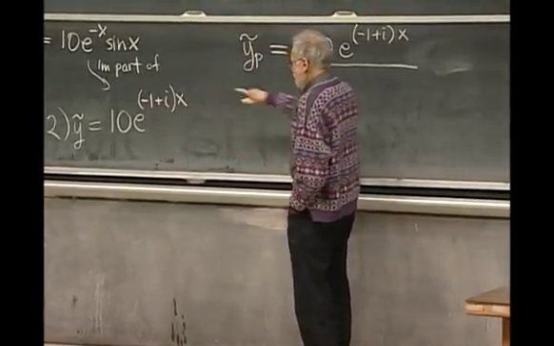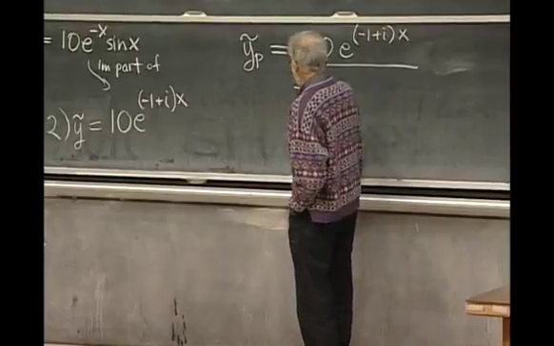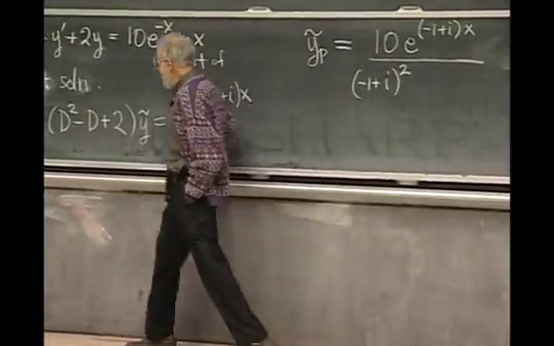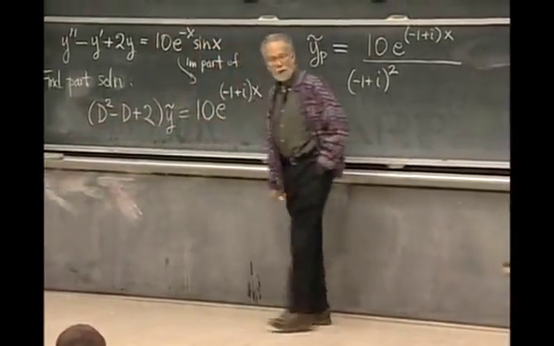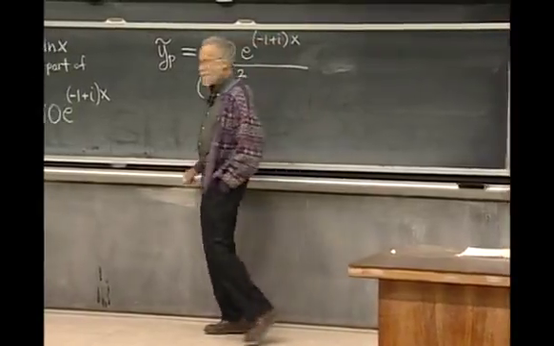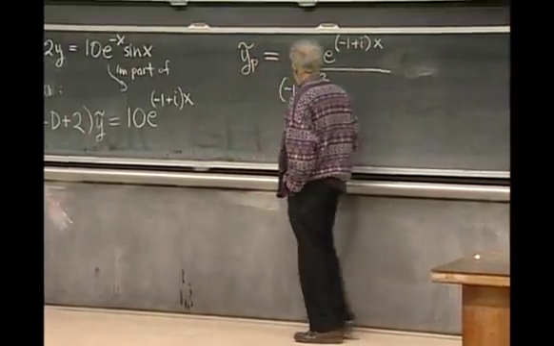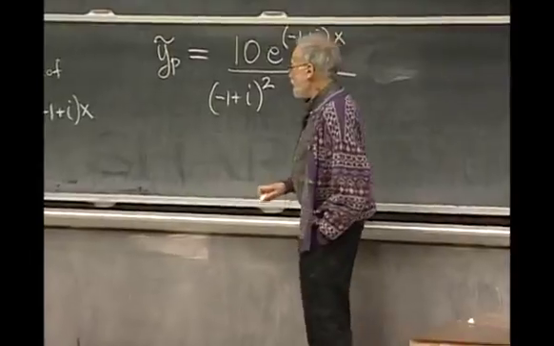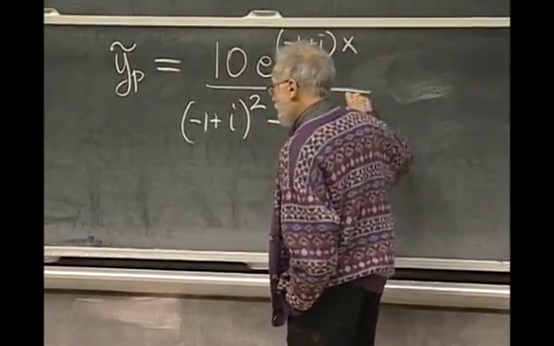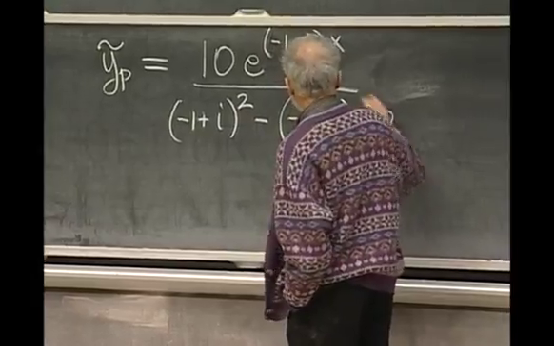So just write it down, have faith. So what do I get? The alpha is minus 1 plus i. I square that because I'm substituting this alpha into that polynomial. The reason I'm doing that is because the formula tells me to do it. So it's minus 1 plus i, the quantity squared, minus minus 1 plus i, plus 2.